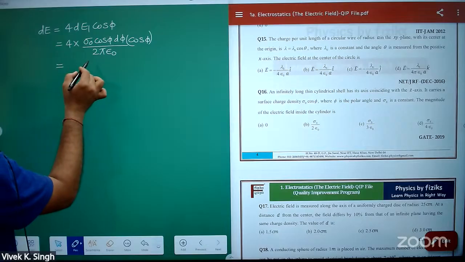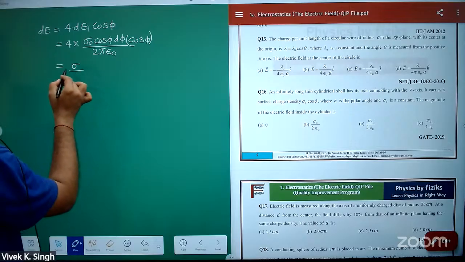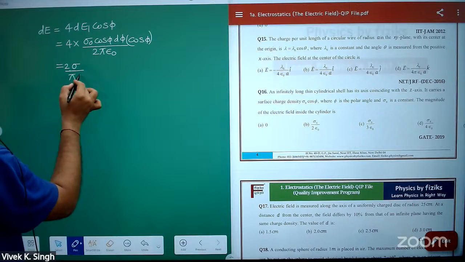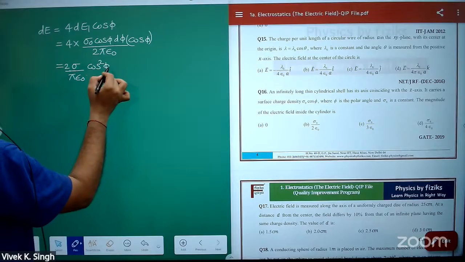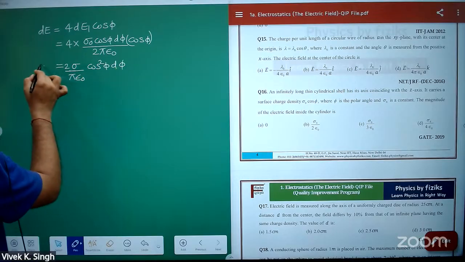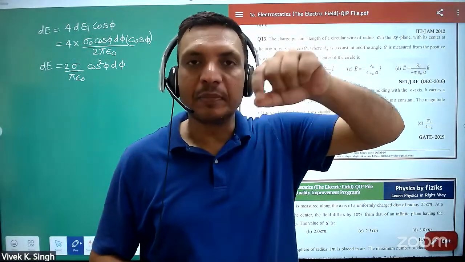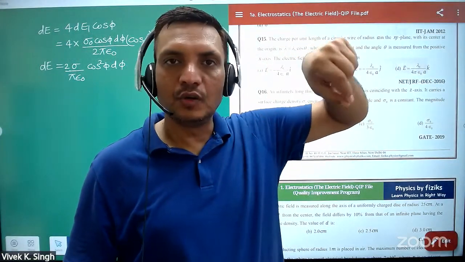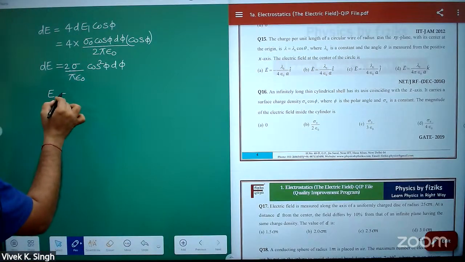So this will give you 2 sigma naught by pi epsilon naught cos square phi d phi. And because we have taken all the segments separately, 0 to pi by 2, 0 to pi by 2, when you integrate it, you have to integrate with respect to phi.